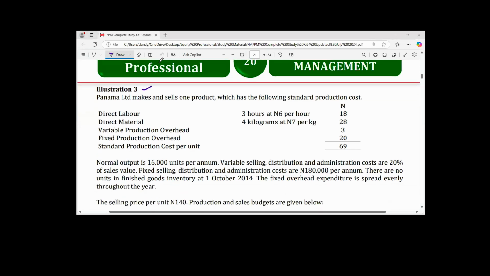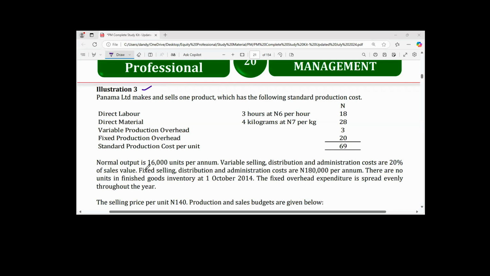Panama Limited makes and sells one product, which has the following standard production costs. The below data is assumed to be correct. Normal output is 16,000 units per annum. Variable selling, distribution, and administration costs are 20% of sales value.